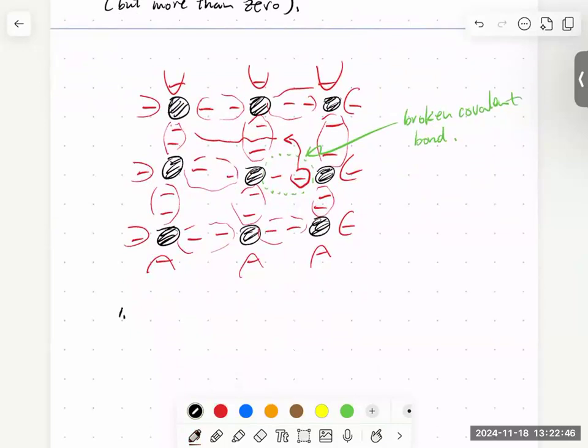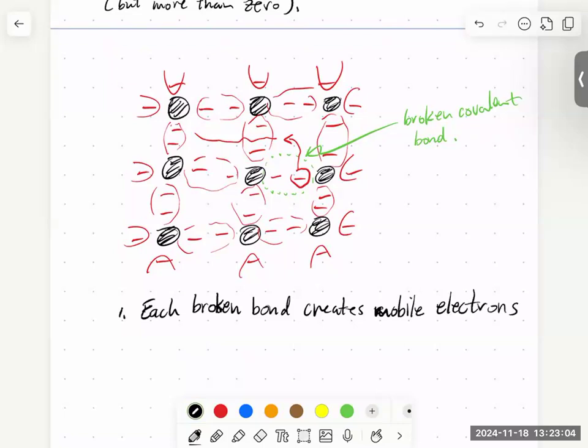Okay, so each broken bond creates mobile electrons. But it does something else as well.